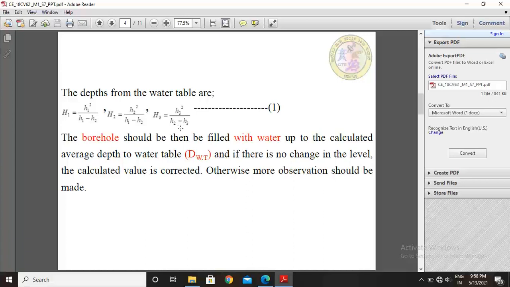The depth of water table is taken as the average of three levels given by heights H1, H2 and H3, that is, level of the water table is given by 1/3 of level 0-0 plus H1, plus level 2-2 plus H2, plus level 3-3 plus H3. So these are the equations.